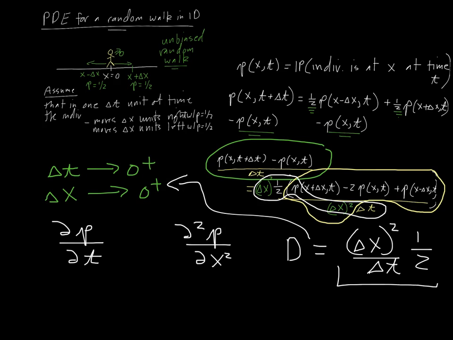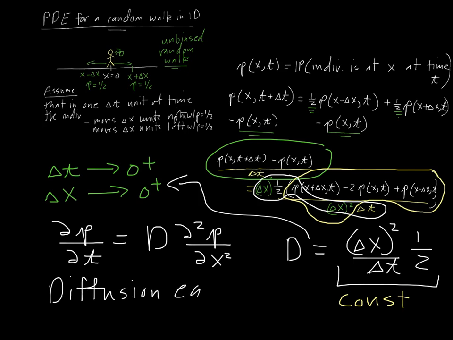We're going to assume, like I said, that this is constant. And now we have this diffusion equation for the random walk.